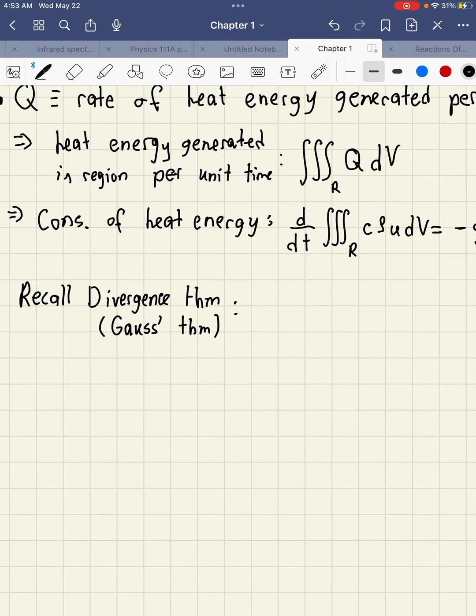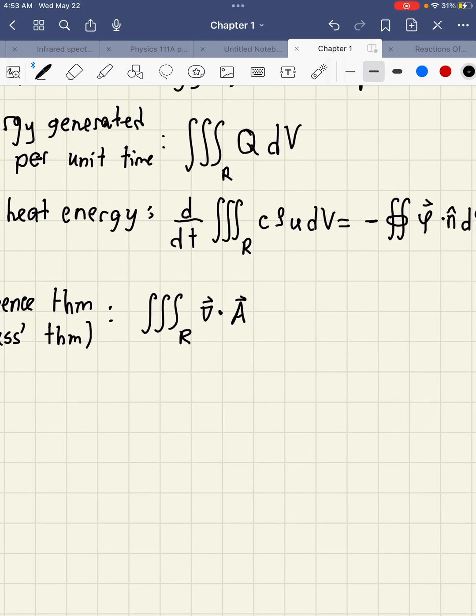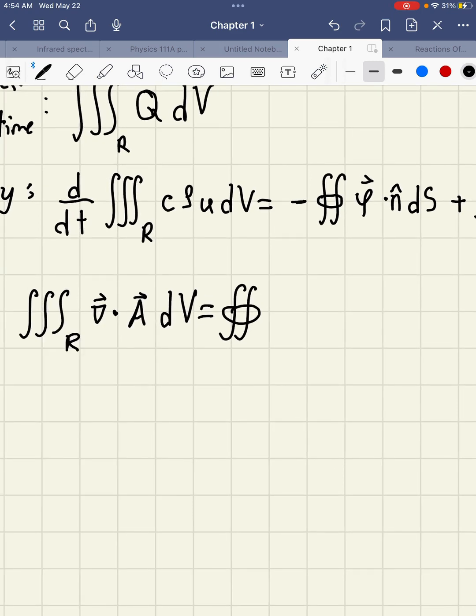The divergence theorem states that the volume integral of the divergence of any continuously differentiable vector A is equal to the closed surface integral of the outward normal component of that corresponding vector.